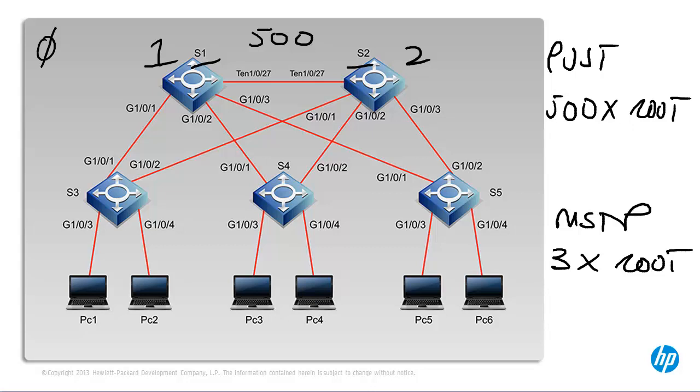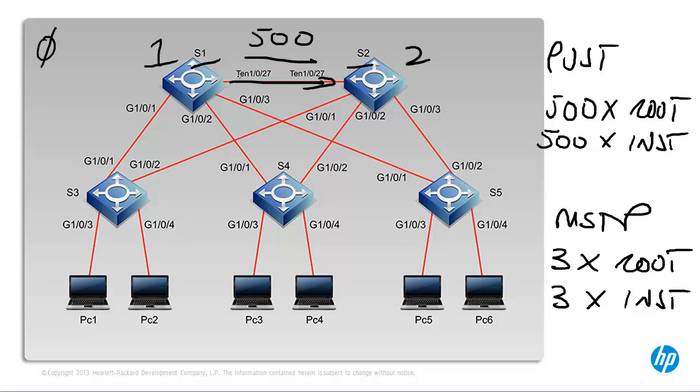So 802.1q can support 4094 VLANs, so the remaining VLANs that you haven't associated are associated with instance 0. With PVST, we also had 500 instances. With multiple spanning tree, there are only 3 instances: instance 1, instance 2, and the IST, or instance 0.